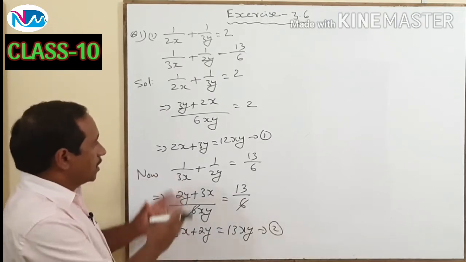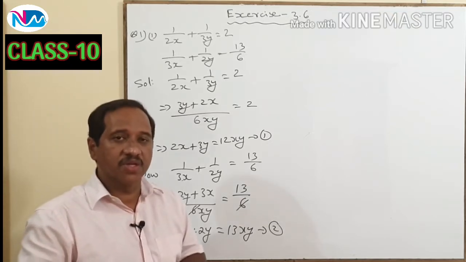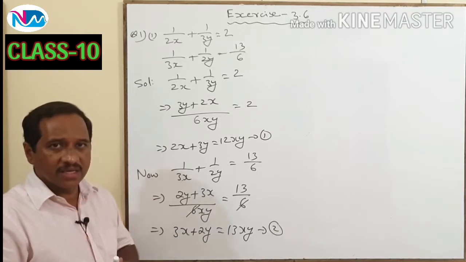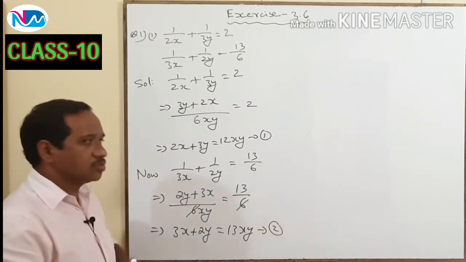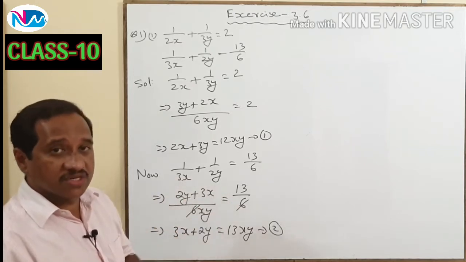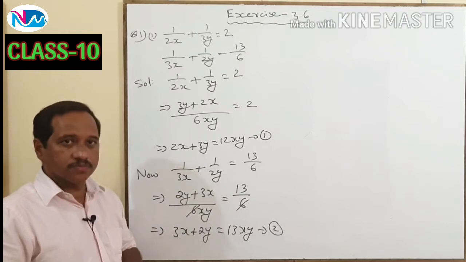That is, we are going to eliminate x or y from these two equations. For that, we have to make the coefficient of x or y equal. So here I am going to eliminate y. For that, I have to make the coefficient of y equal in equation number 1 and equation number 2.